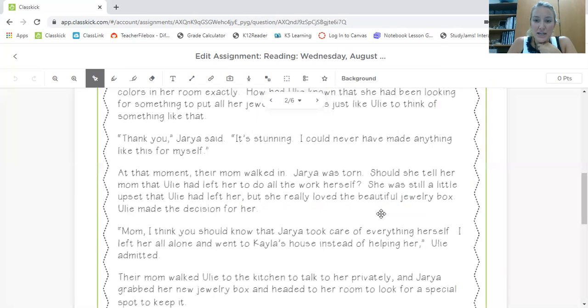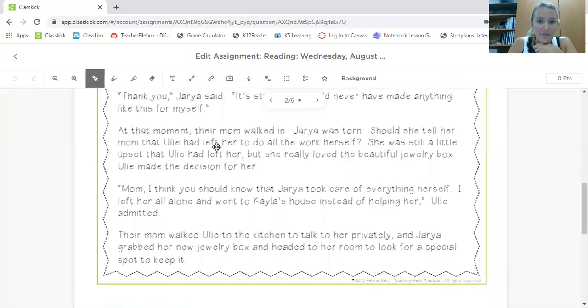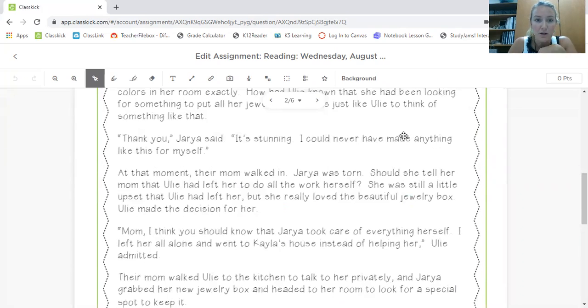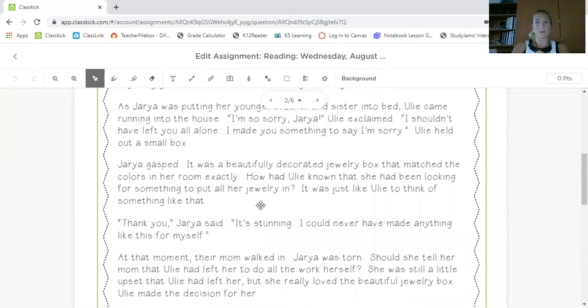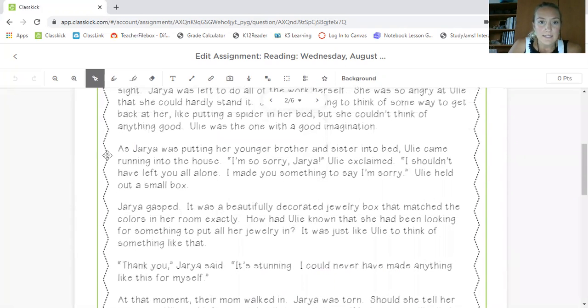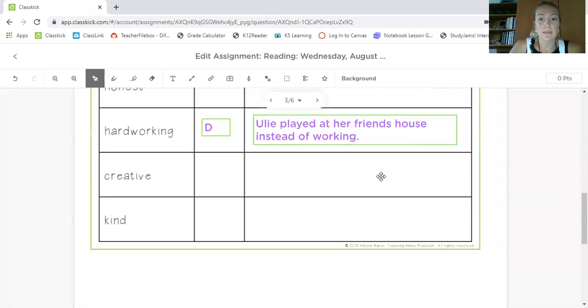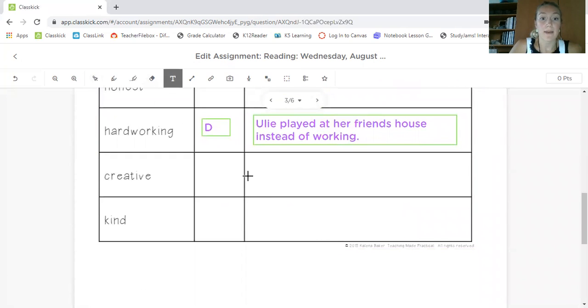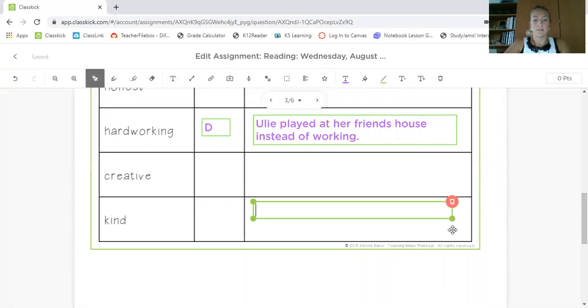But let's see, when she got there, she gave, let's see, at the moment there, okay, I think it was right before this. Let's see. Because she was sorry, she made Jarya a gift. That is very kind. She was very considerate to Jarya. So that's going to be my example, my evidence for being kind.